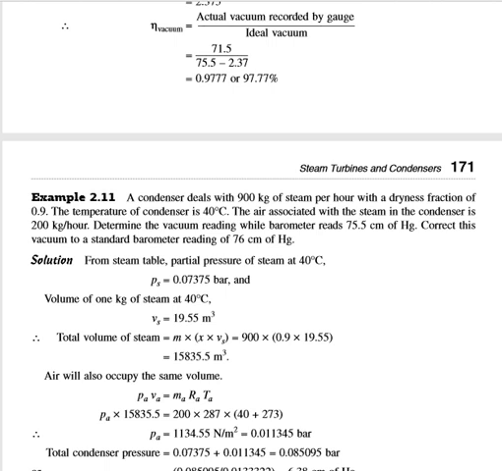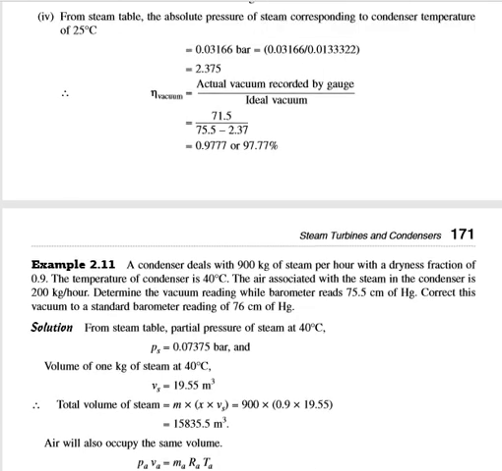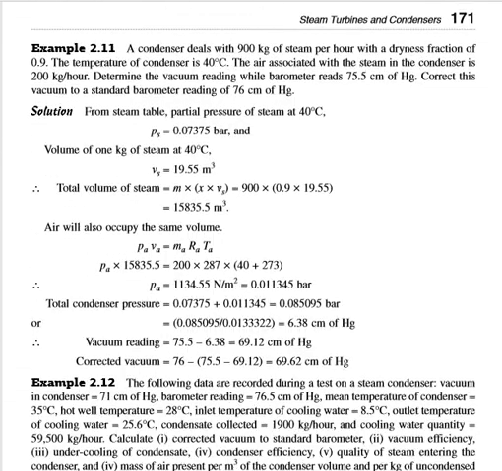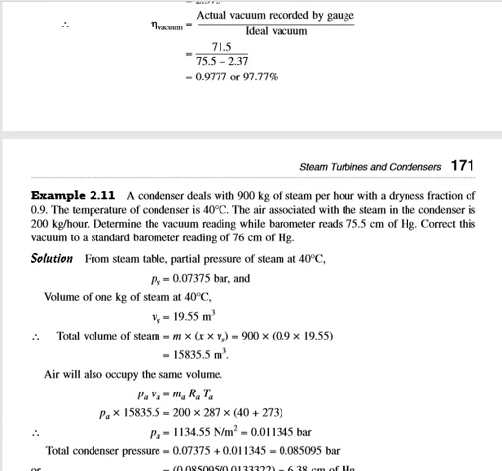That means we have obtained the vacuum reading and the corrected vacuum. In this numerical the mass of steam is given and the mass of air is given, and you have to find out the volume of air and the volume of steam at 40 degrees Celsius. Therefore, today's session is about numericals based on the condenser.